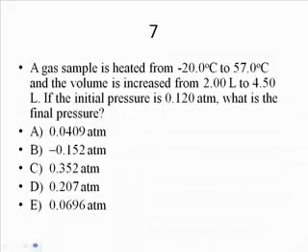Number 7, a gas sample is heated from -20 Celsius to 57. Volume is increased from 2 liters to 4.5 liters. And if I have a pressure of 0.12 atmospheres, what is the final pressure? Okay, so let's look at this. V1 is 2, V2 is 4.50 liters.